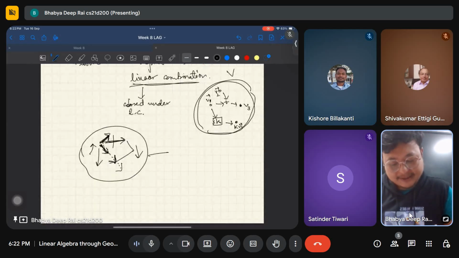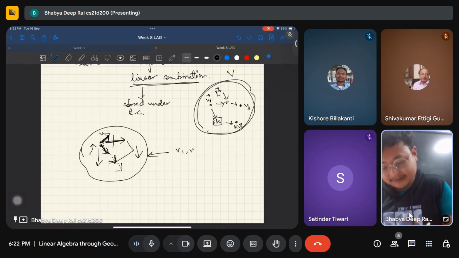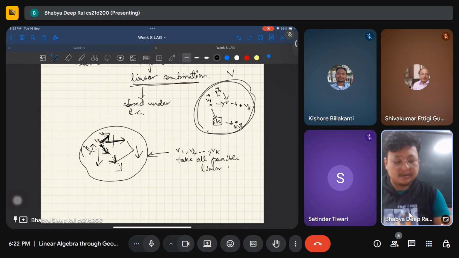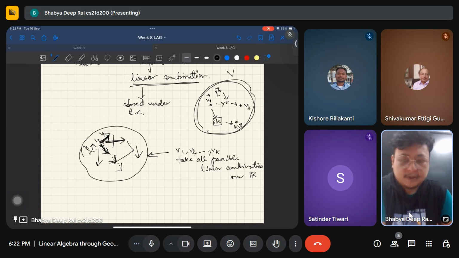So beginning with any set of vectors v1, v2, and so on till vk, I'll take all possible linear combinations over, let's say, reals.